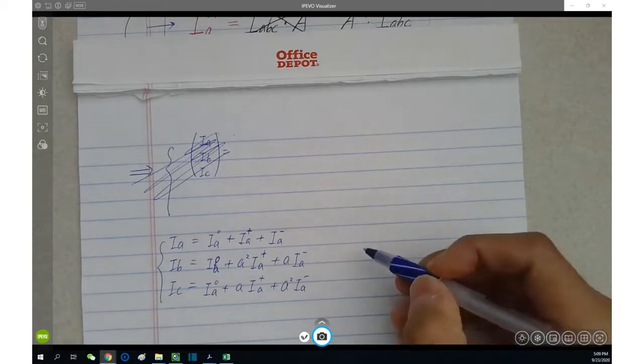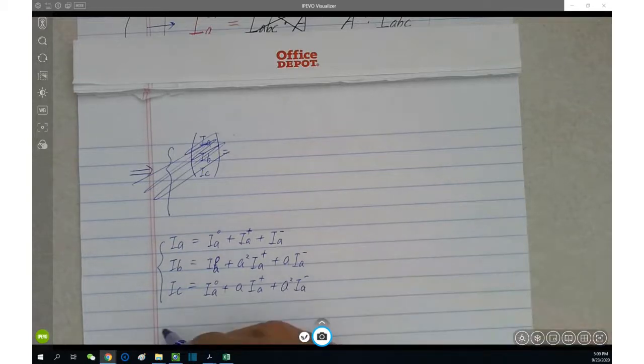This is the one way, right? The other way, for IA0, IA plus, and IA minus.